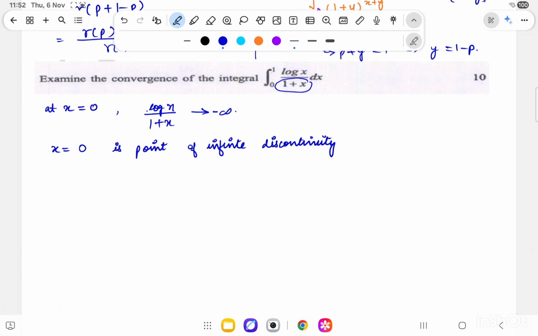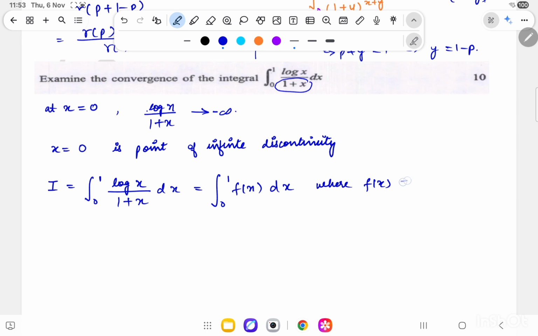Now let's use some test to see. So if I name my integration as integration from 0 to 1 log x by 1 plus x dx, it will be equal to integral from 0 to 1 f(x) dx, where my f(x) function is log x divided by 1 plus x, or let's take it as minus of f(x), where f(x) is minus of log x divided by 1 plus x.